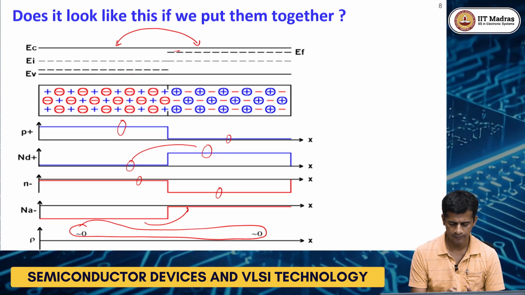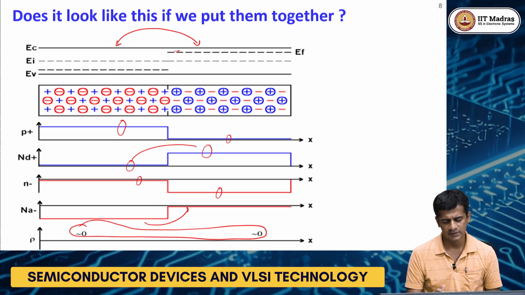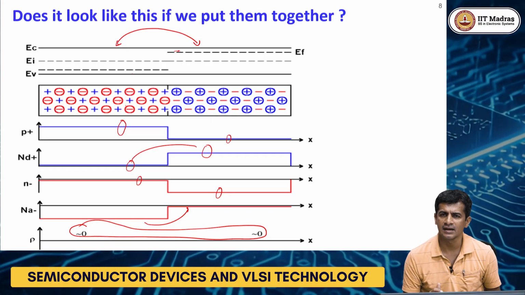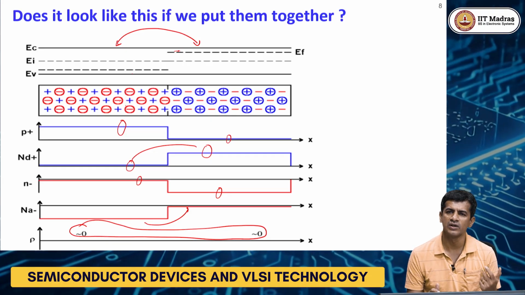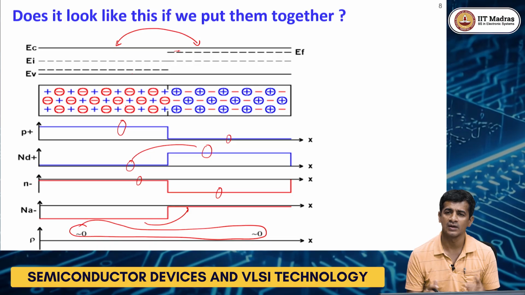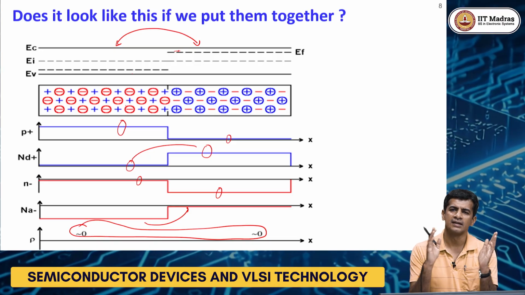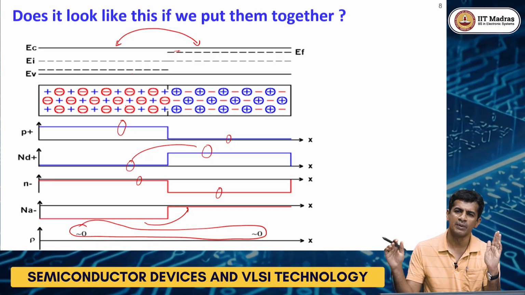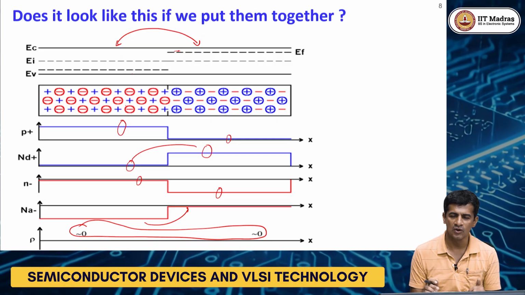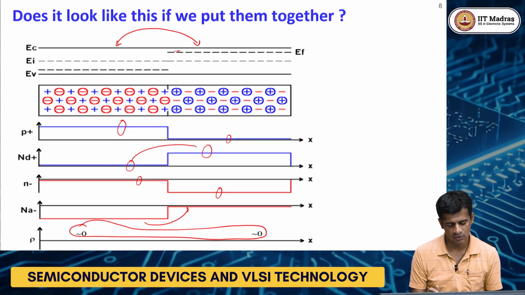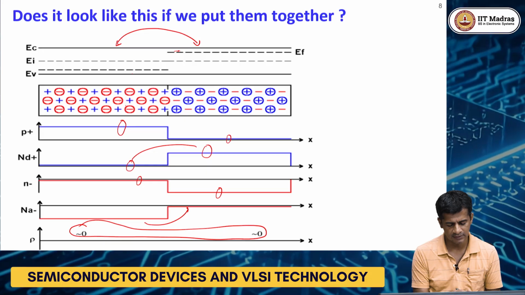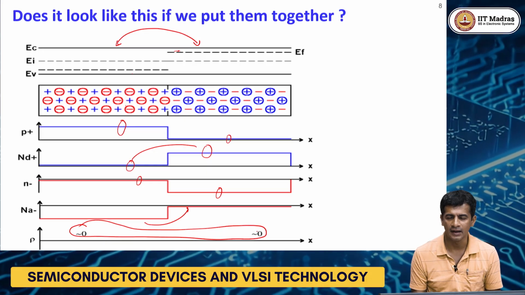That is the question. What is the problem? We have seen a similar case before, in a non-uniformly doped semiconductor. That was not a p-n junction, it was either n-type or p-type, but there was a doping variation. We saw that it cannot maintain electric neutrality.